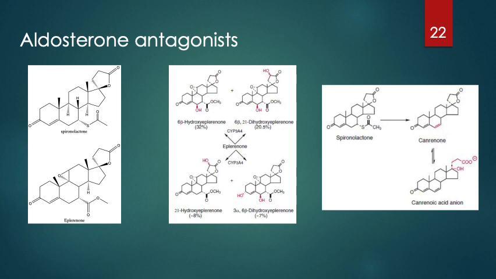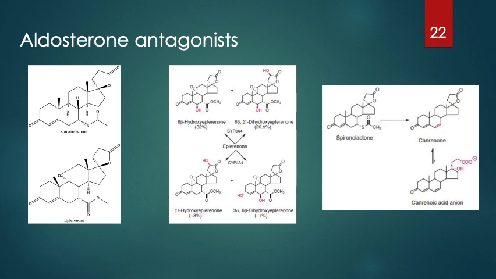Eplerenone is more selective for the mineralocorticoid receptor. It therefore does not have any of the sexual side effects associated with spironolactone. Structurally, eplerenone has many features similar to spironolactone, but the key difference is that eplerenone has an additional epoxide, I believe at the 9 alpha and 11 alpha position.